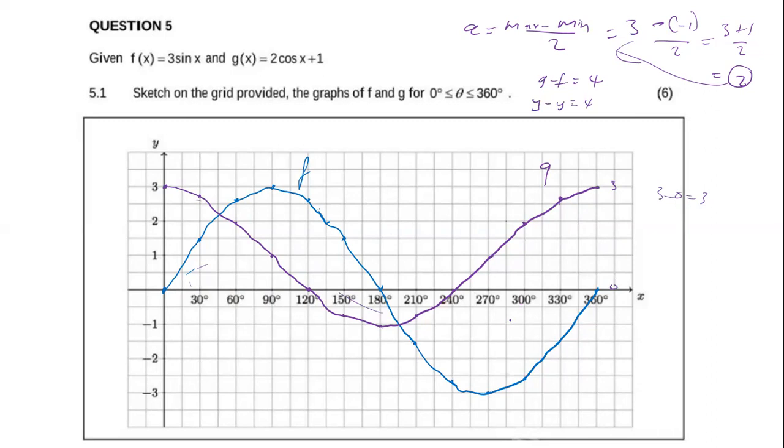So you locate through your graph so that we can get the correct solution. Where x is equal to 270, g at this point is equal to 1, and f at this point is equal to -3. So 1 minus -3 gives +3, which is most definitely 4.